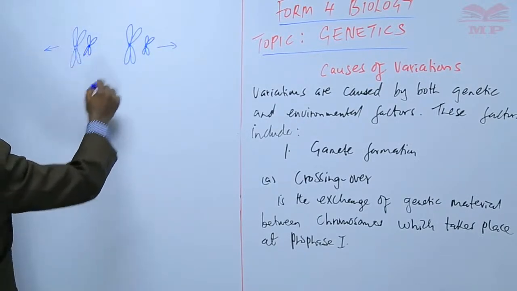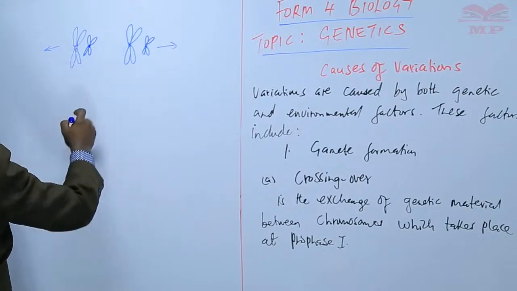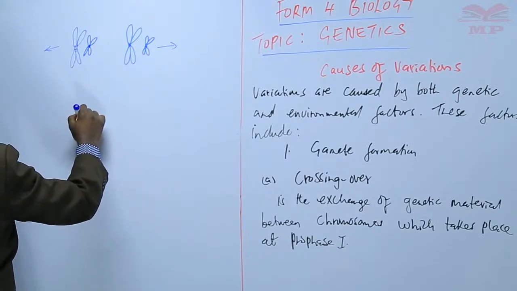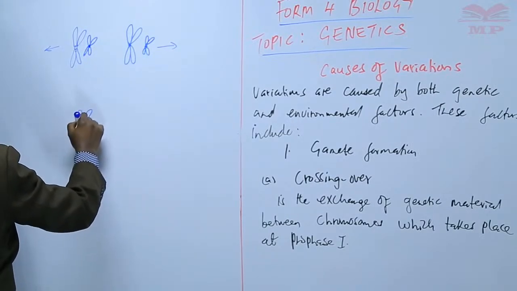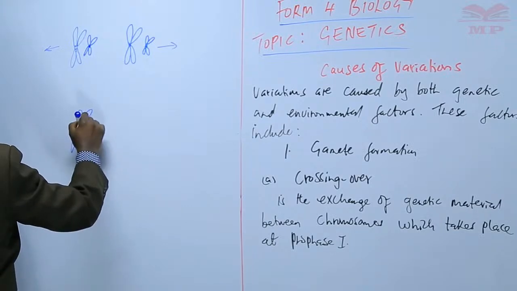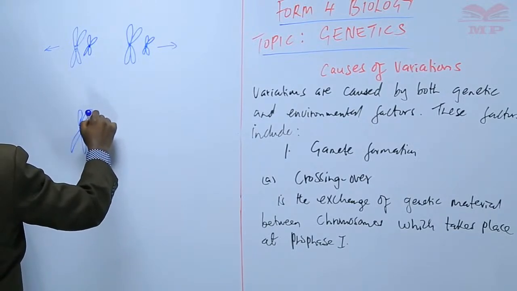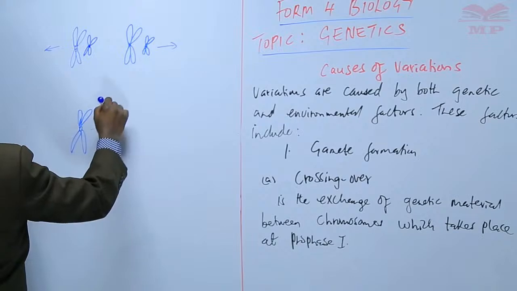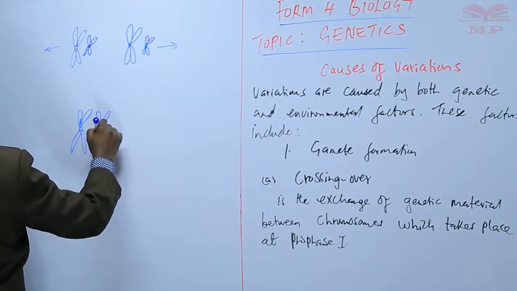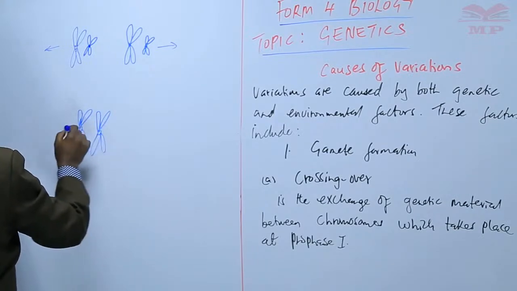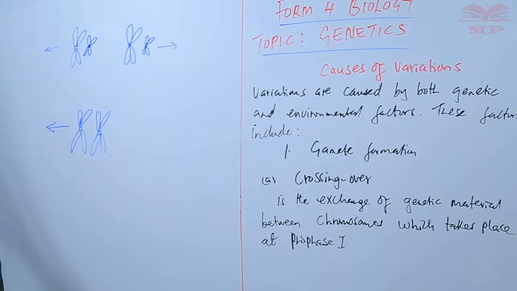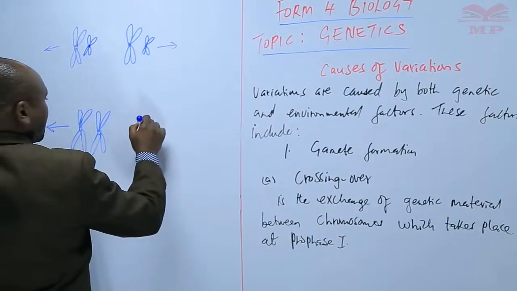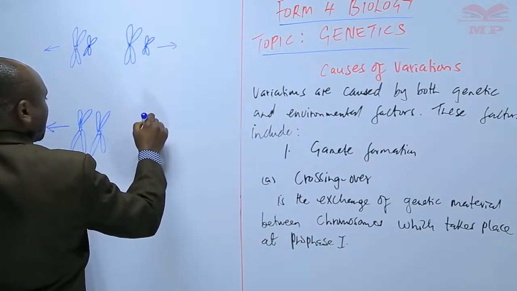On the other hand, you may have this and this going together. And these ones go to a particular daughter cell, while the ones I'm using are smaller in size.